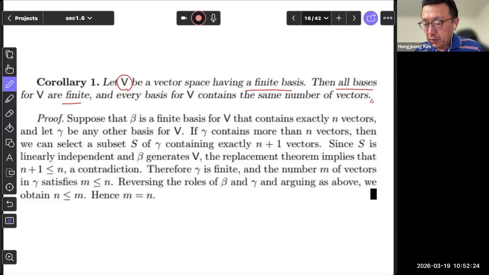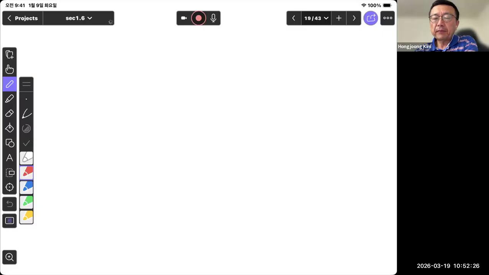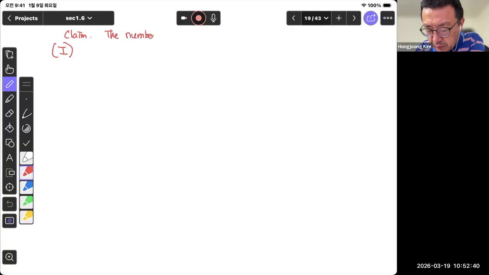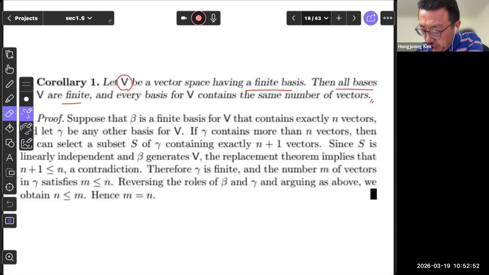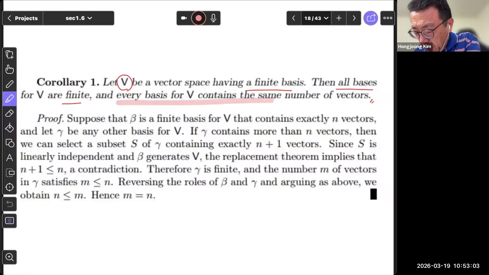Previously, as I said, first the proof regarding the claim that every basis contains the same number of vectors.